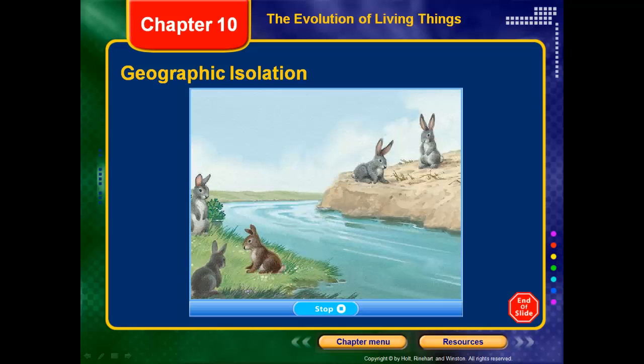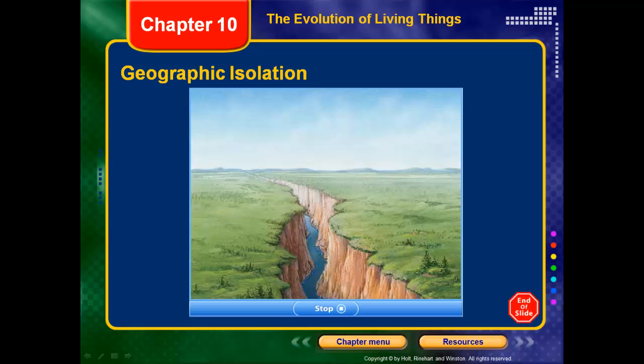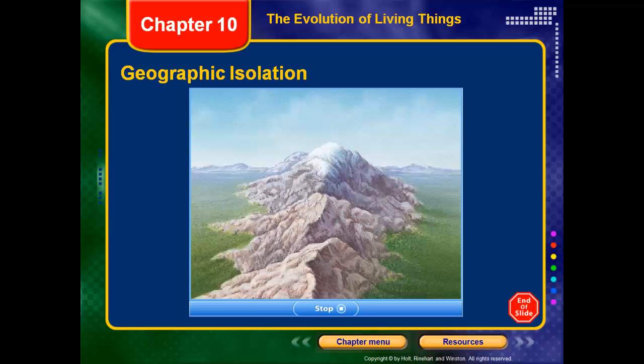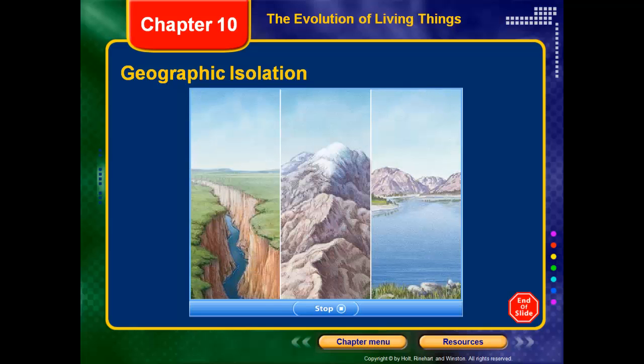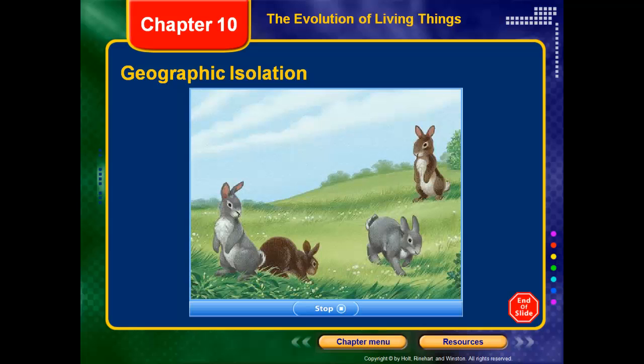Geographic isolation is the physical separation of populations of organisms. Populations may become separated by a newly formed canyon, a mountain range, or a body of water. Any barrier that keeps members of one population from coming into contact with another population isolates those populations. This population of rabbits has an equal number of members with gray fur and with brown fur.